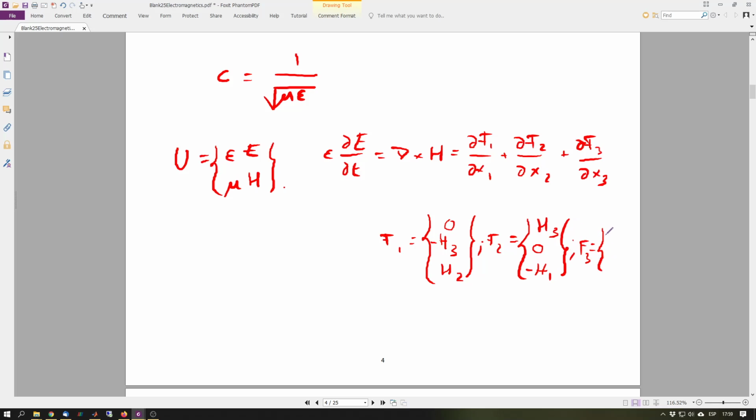Okay, we will have for the first minus h1, and then for the second component, it's a bit longer without having it written explicitly.